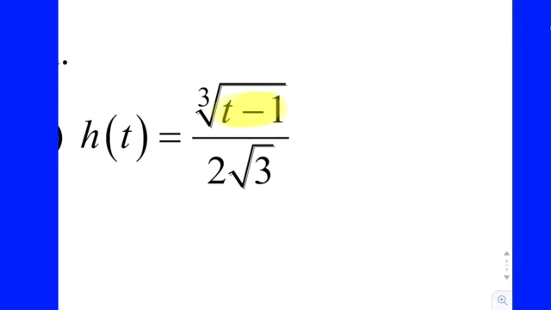So if you ever see an odd root index, it'll either be a 3, 5, 7, whatever, you do not have to worry about negatives under that radical, okay? It's only the even roots that we are concerned about. So if it passes the denominator test, and now it passes the radical test, because it's an odd root, what's the domain? All real numbers. So D sub h is all real numbers. Yeah, very good.